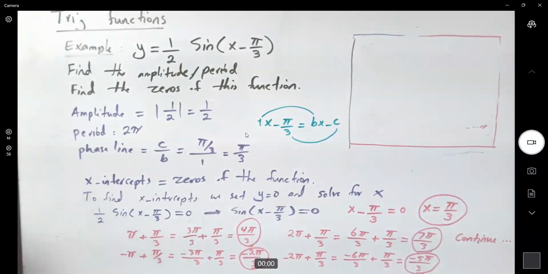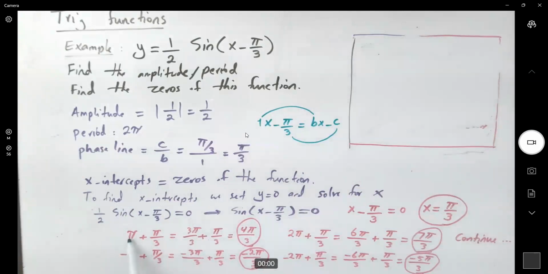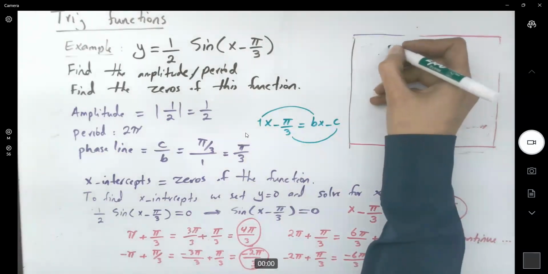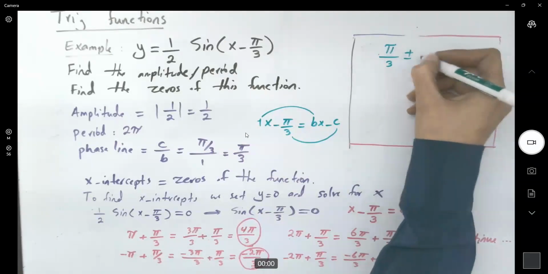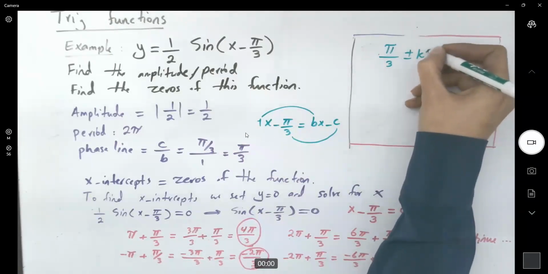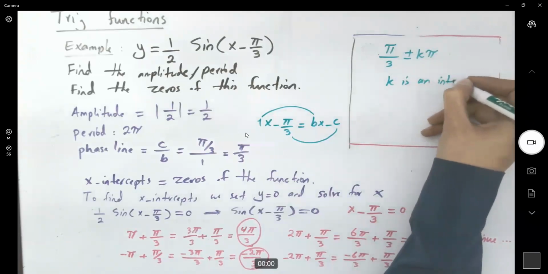As you can see, you have pi, 2 pi, then you have 3 pi, 4 pi. So you're going to have pi over 3 plus minus k pi, and k is an integer.